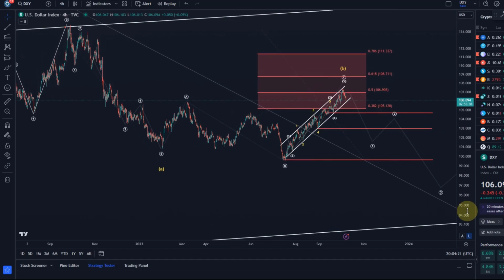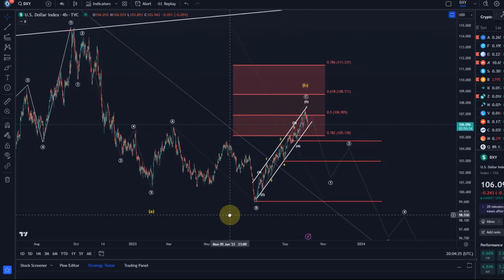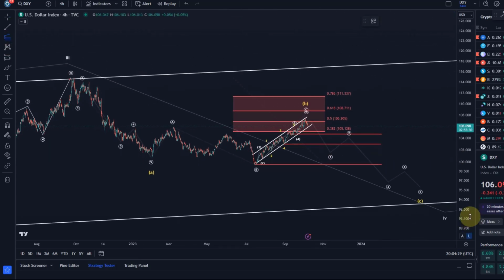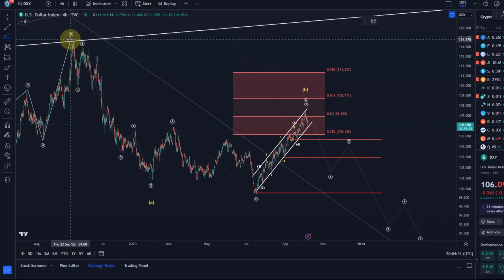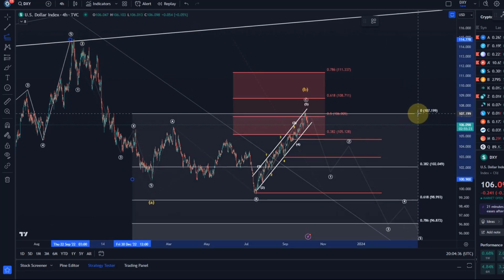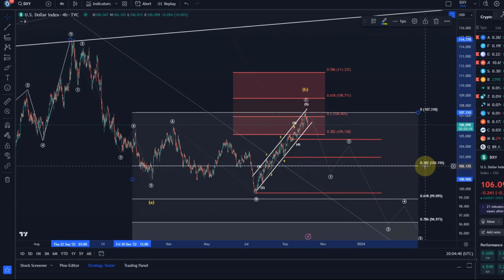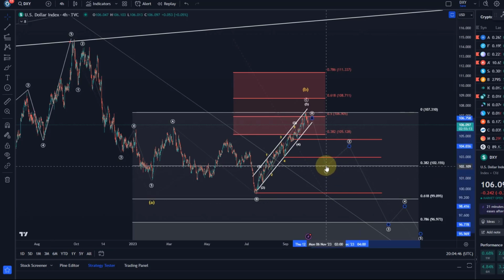And I can give you an idea where that wave 1 of yellow wave C might land. Just a rough idea, okay? We might see it go into the region between $102.15 and $99. The very first level to watch is $102.15.